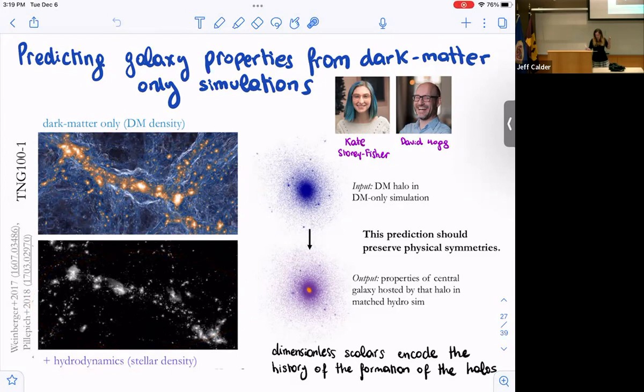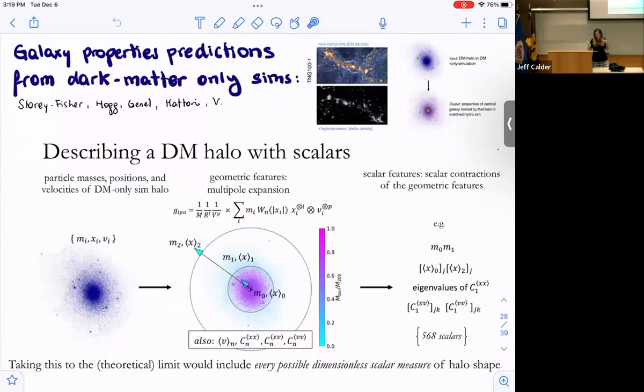So we came up with this model and designed these features. They take the simulation, which is a big particle system, do some binning on the particles, and compute moments of each of these bins.